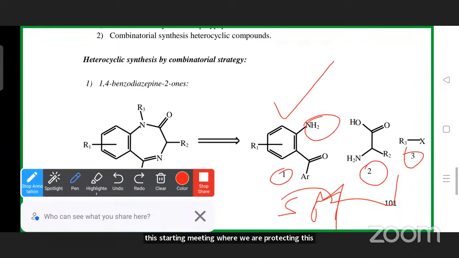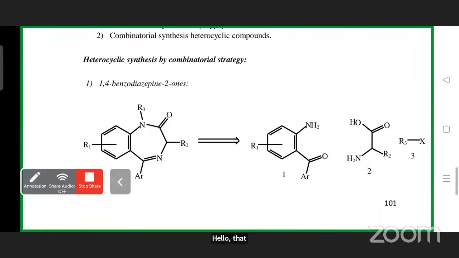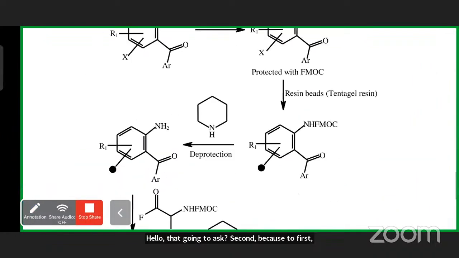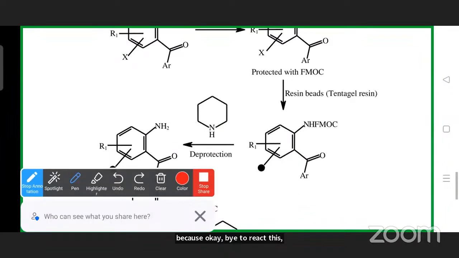Now we are going to attach the second precursor to the resin bead attached to the first precursor. But to react this amino acid with this particular resin-bound benzophenone, the amino group is protected. So what do you do?